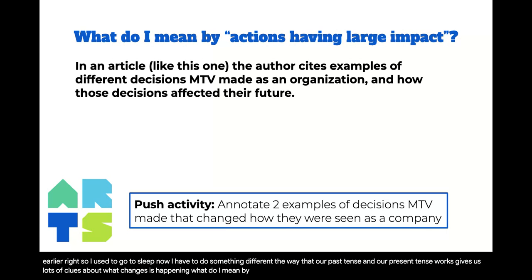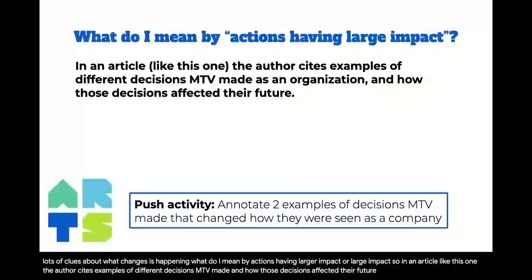What do I mean by actions having larger impact or large impact? So in an article like this one, the author cites examples of different decisions MTV made and how those decisions affected their future.